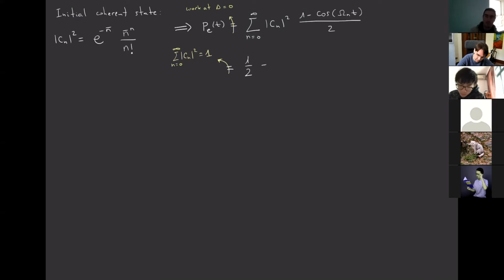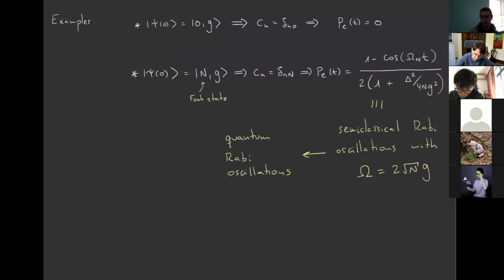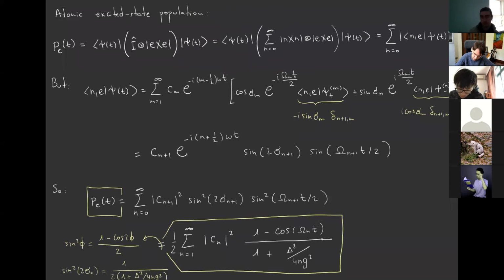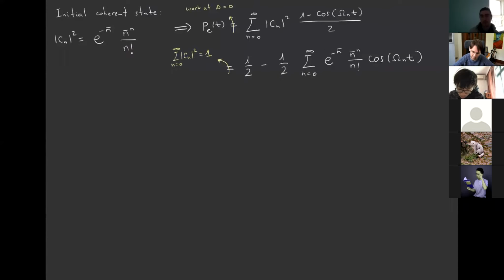And then we get the other half, that is the sum from n equals 0 to infinity of the Poisson distribution times the cosine of the frequency of each photon. Let me just remind you, because it's written in there. So this is what we get.